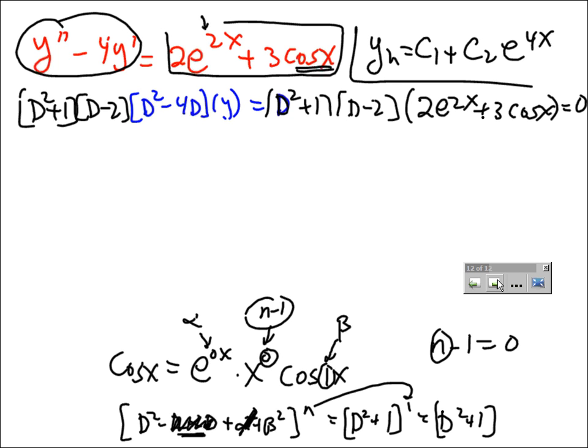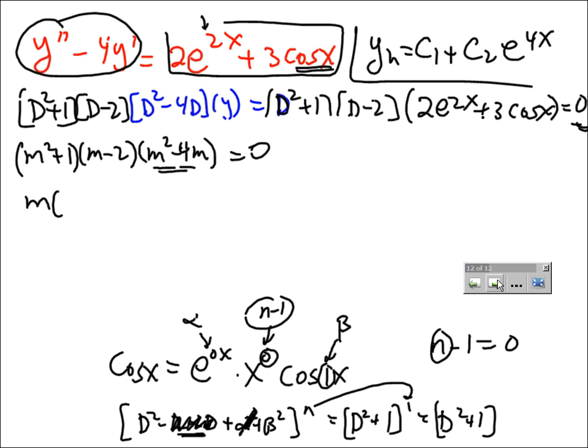So you come up with the auxiliary equation: m squared plus 1 times m minus 2 times m squared minus 4m equals 0. And you try to factor, like I can factor an m out from there. I'll put that m way in front.